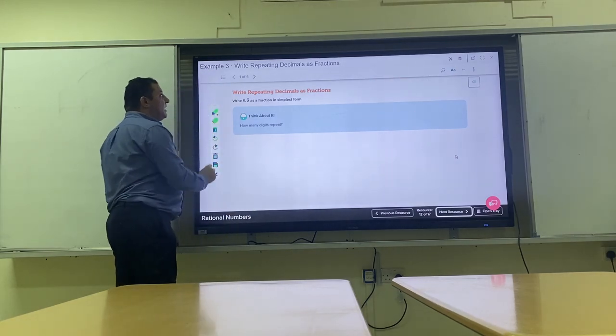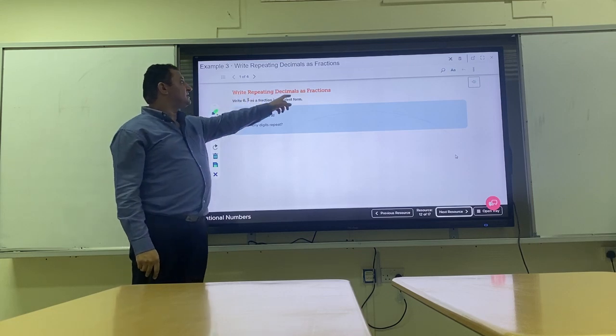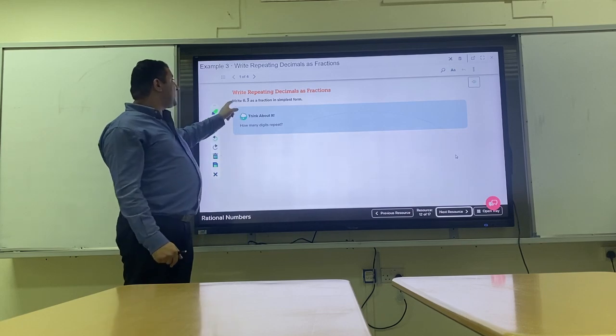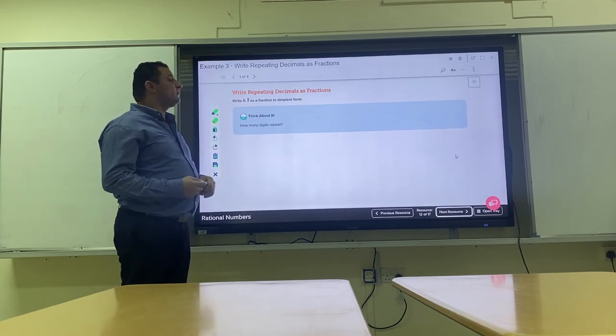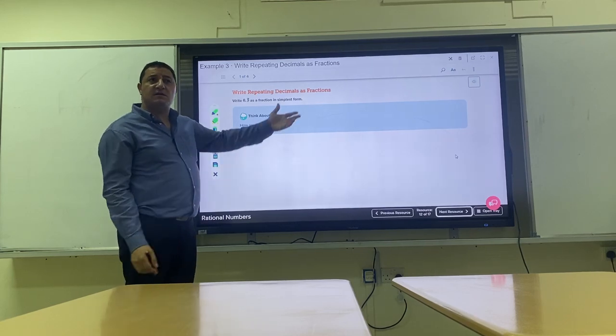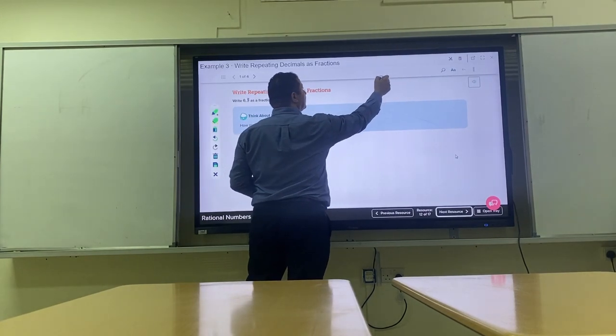Okay? Now the question says, write a repeating decimal as a fraction. The repeating decimal is 0.5 repeated, and he wants it as a fraction in the simplest form.